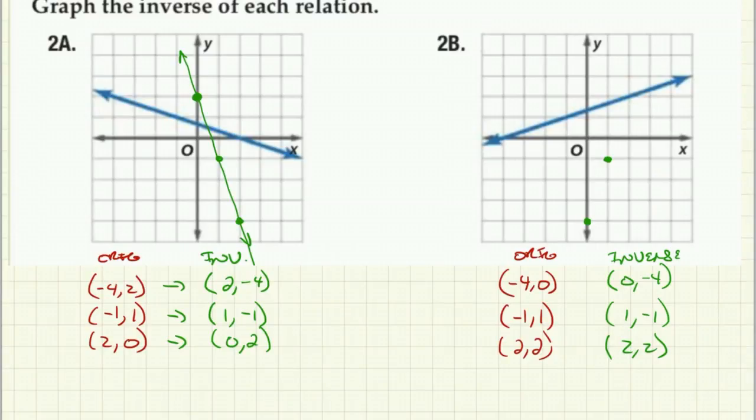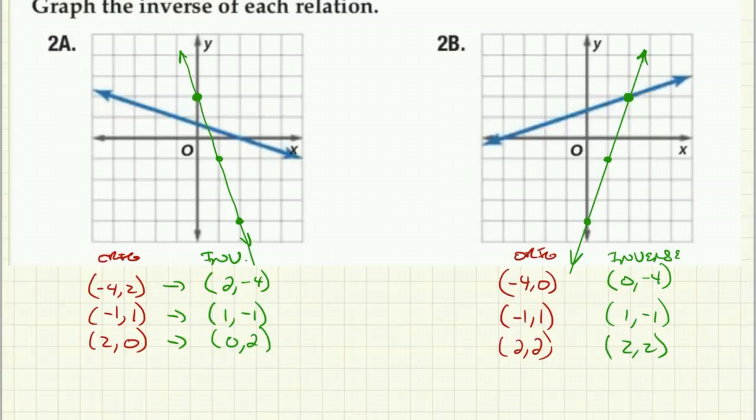And then it's going to have another value at 2 comma 2, which is going to be there. Let me grab my straight edge and draw my line. And there is our inverse function, our inverse graph.